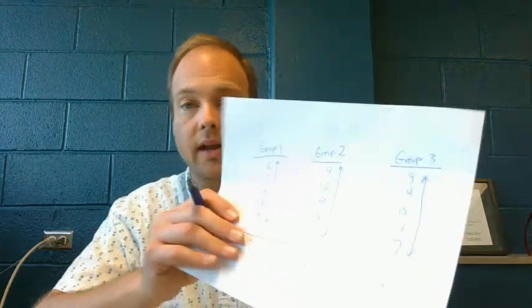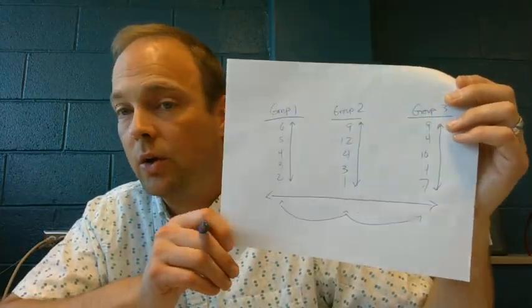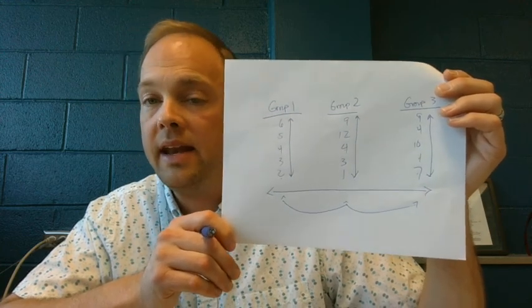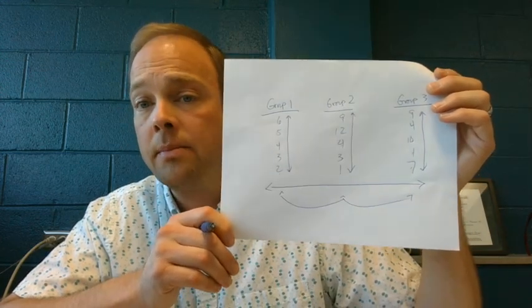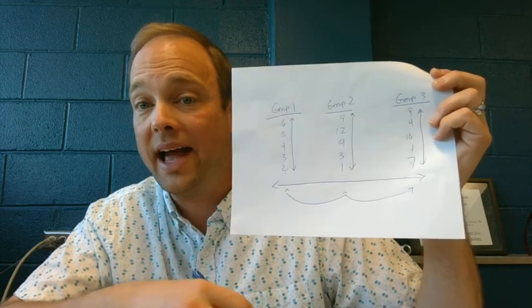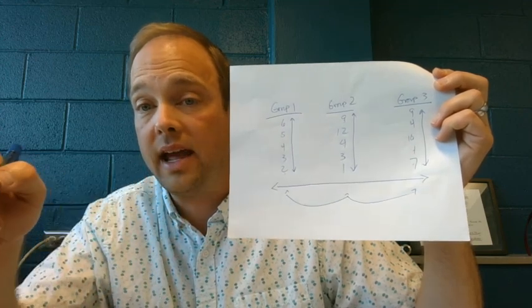So in this case, we've got 1, 2, 3, 4, 5 in group 1, 1, 2, 3, 4, 5 in group 2, 1, 2, 3, 4, 5 in group 3. So 5 plus 5 plus 5 is 15. Also, we'll go over this in a later clip as well, but in ANOVA, the number of groups in your analysis is referred to as K, simply the letter K, specifically lowercase k.